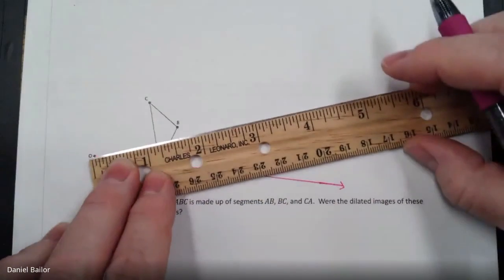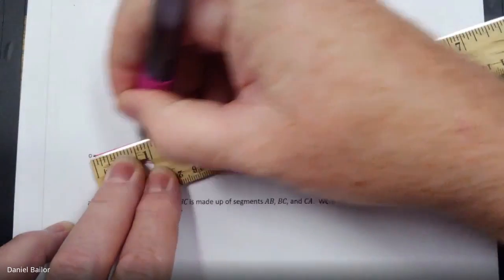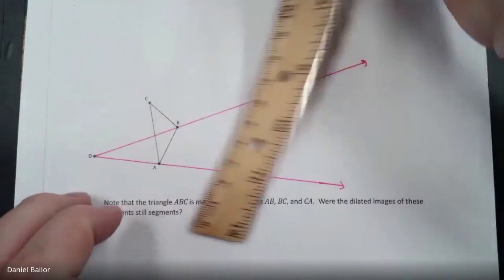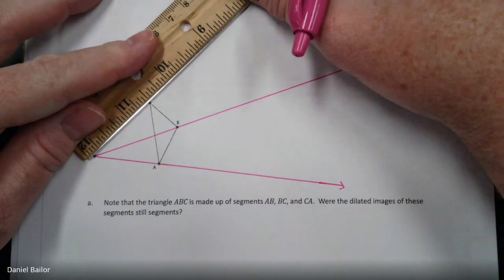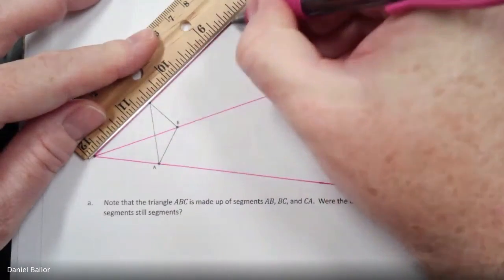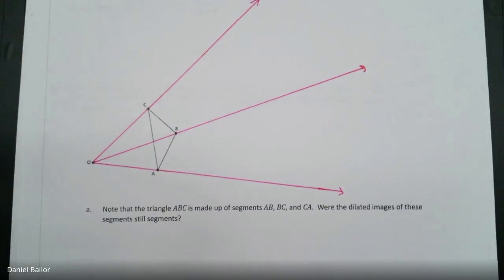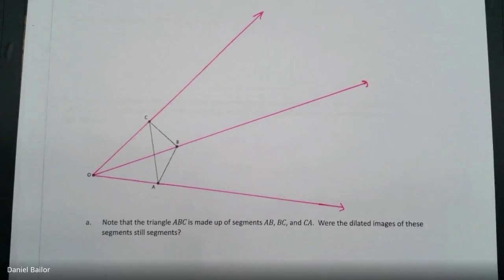We need to show what direction everything is moving in by drawing some rays. So that is what yours should look like right now. You should copy mine exactly. You have them connected. So now we know what direction we're going.